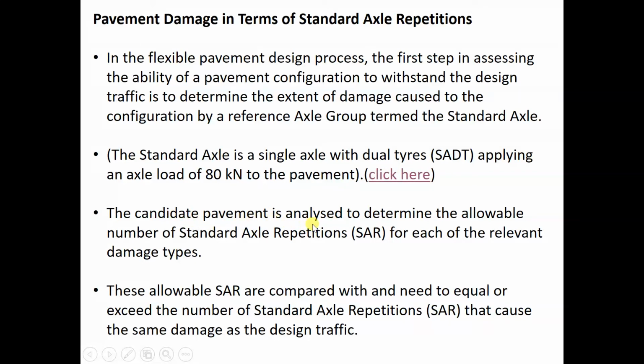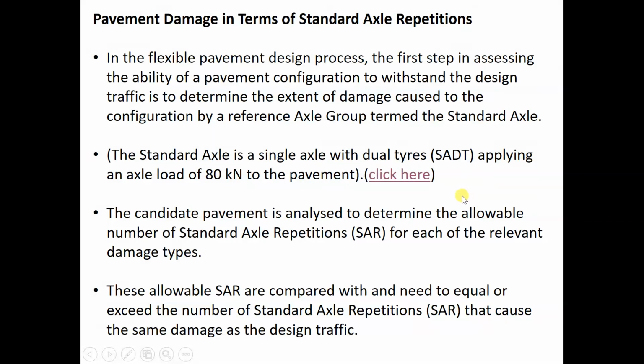The candidate pavement is analyzed to determine the allowable number of standard axle repetitions for each of the relevant damage type. So one standard axle is equal to 80 kilonewton or 82 kilonewton, or in ton is 8.2 ton.